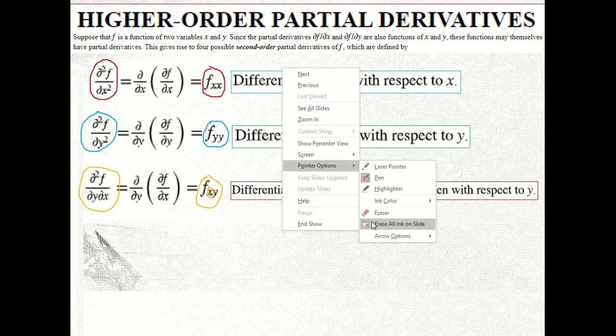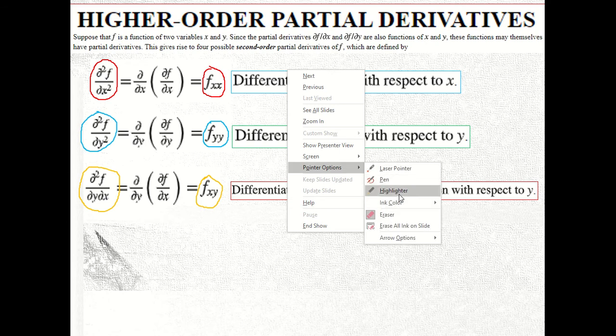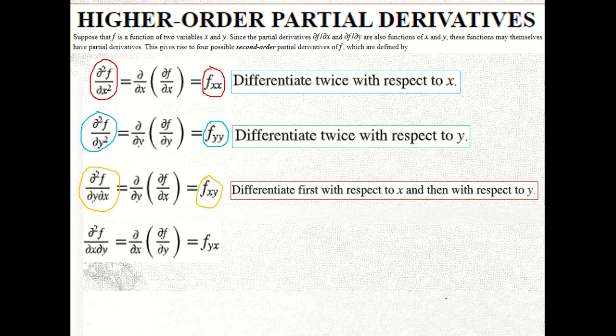And the last one is something like this: the second order partial derivative of the function with respect to y and then with respect to x. So you may use this symbol or notation or this one.